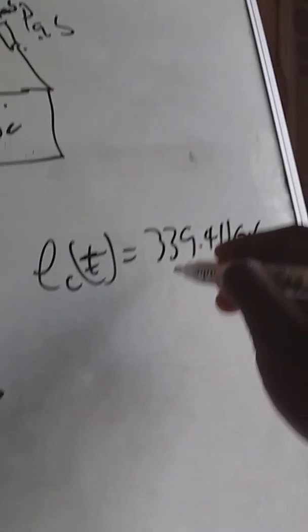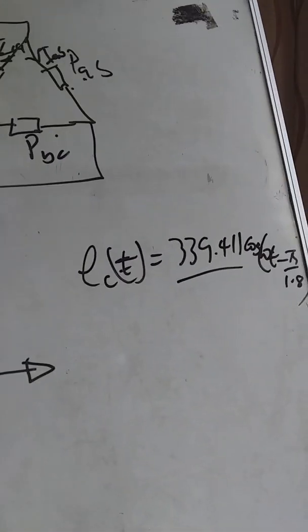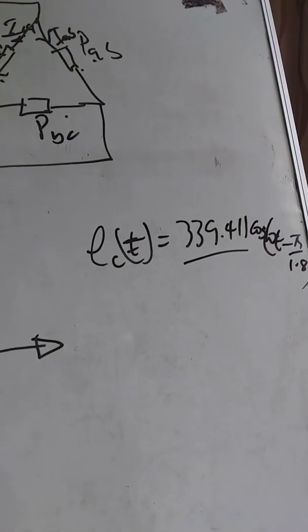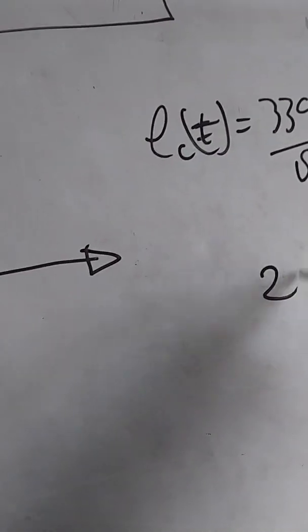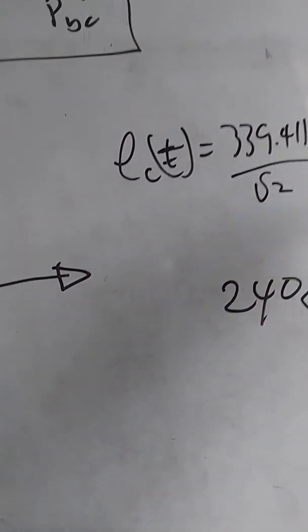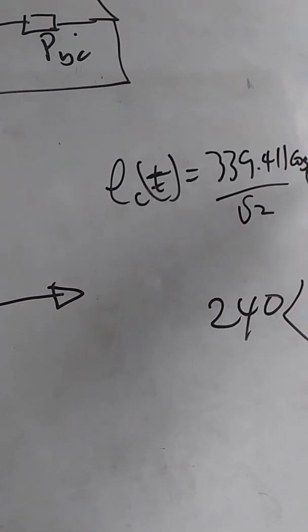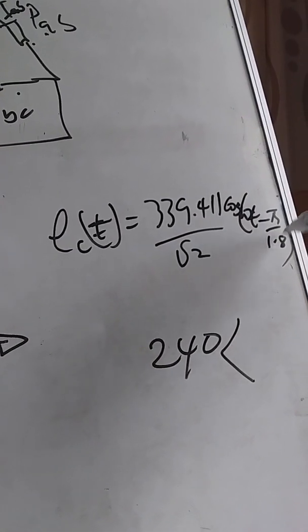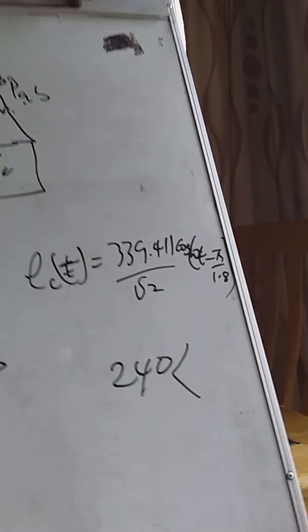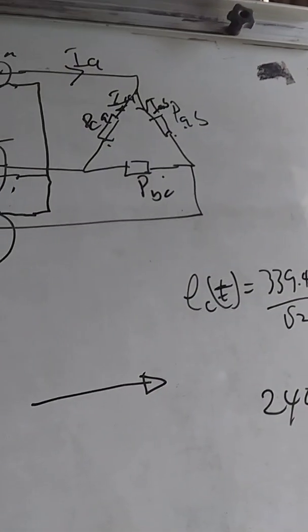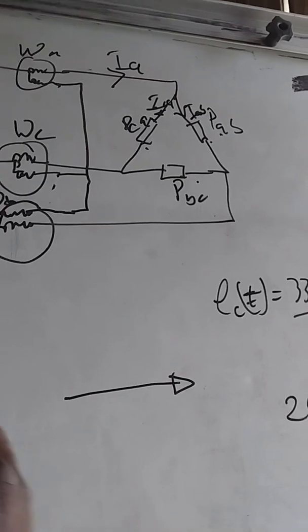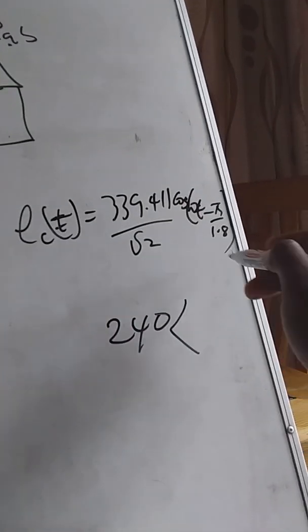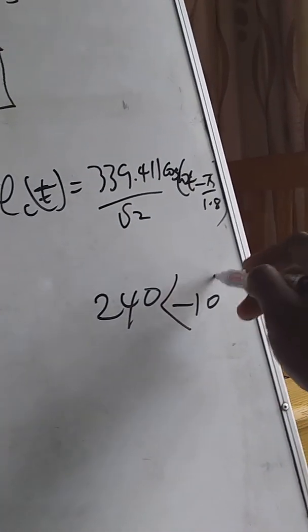So you divide this by root 2 to give you the RMS value, which gives you 240. And the angle will be, because this is cos, you find this and you add 90 to it. So when you find π/1.8, it gives you 100, which means this is minus 100. Minus 100 plus 90 gives you minus 10 degrees.